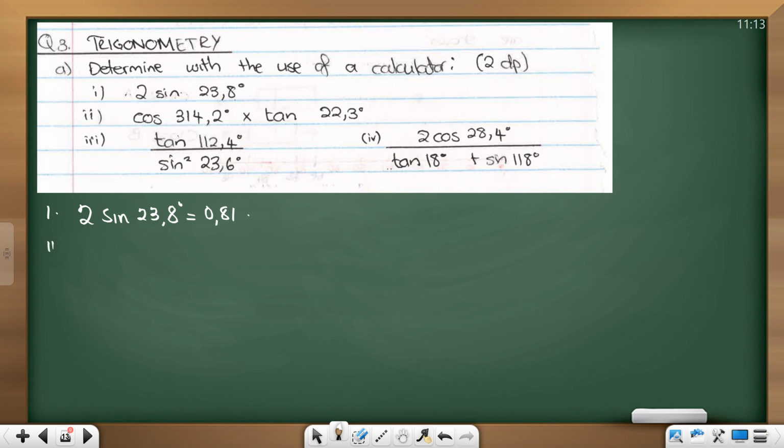Number 2. Okay, give me an answer to this. You'll take a picture when we're done with the solutions.